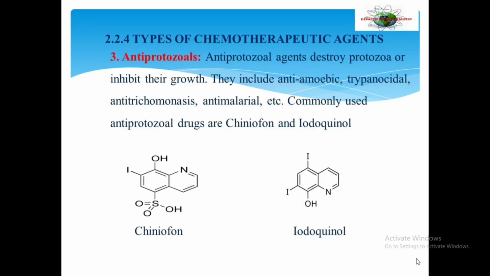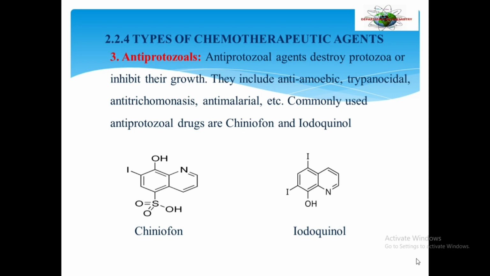The next type of chemotherapeutic agents are antiprotozoals. Antiprotozoal agents destroy protozoa or inhibit their growth. They include anti-amoebic, trypanocidal, meaning effective in killing trypanosomes. What is a trypanosome? A trypanosome is a single-celled protozoa. Then anti-trichomonosis.